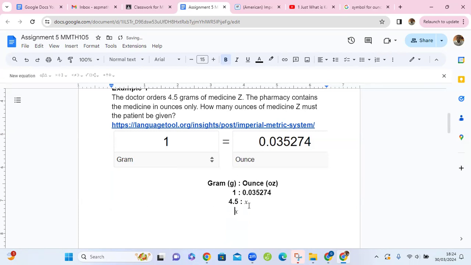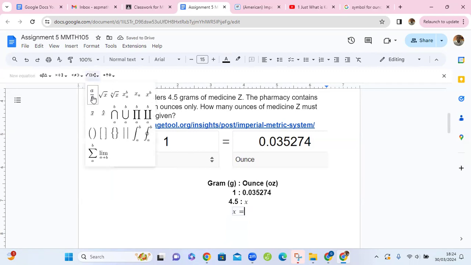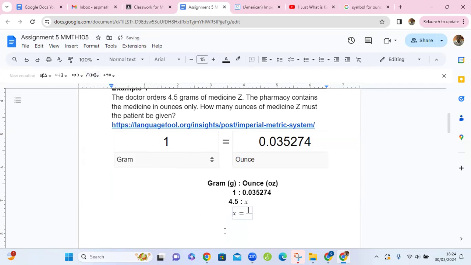So X will be equal to, let's put our 1 below because we have to divide by 1, and we are going to multiply 4.5 by 0.035274.